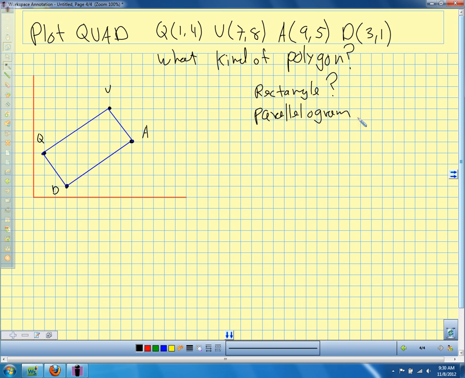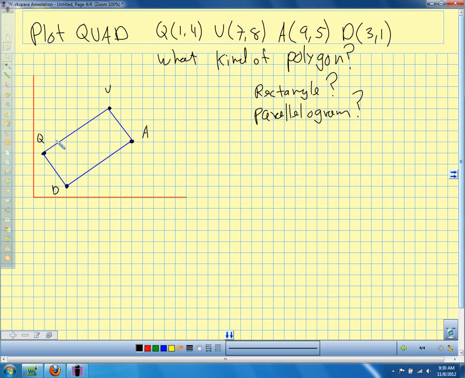It could be just a quadrilateral if none of the sides were parallel and there weren't any special angles. In order to figure it out, we need to compare the slopes of the sides. If the slopes of the opposite sides are the same, then the opposite sides are parallel.